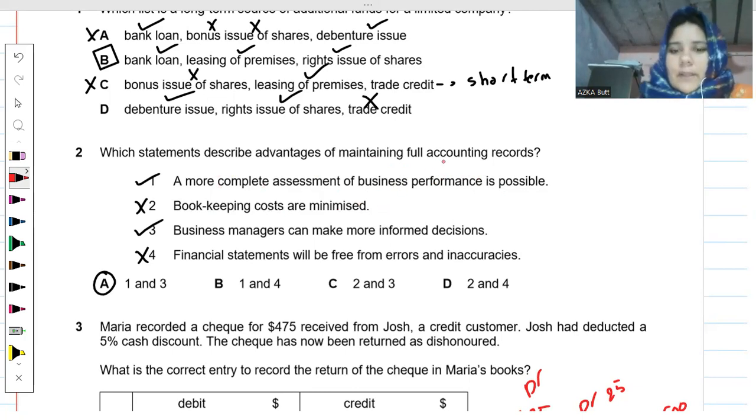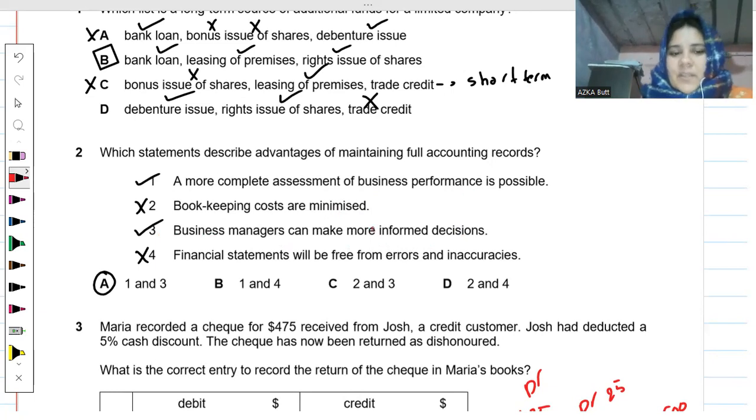Because if you want to maintain the full accounting record, it means that you have to employ a bookkeeper for this. So bookkeeping cost would not be minimized. And third option, business managers can take more informed decisions. Yes, of course, because business managers would use these financial statements to take the decisions.